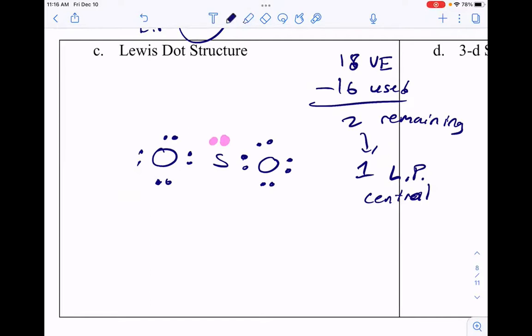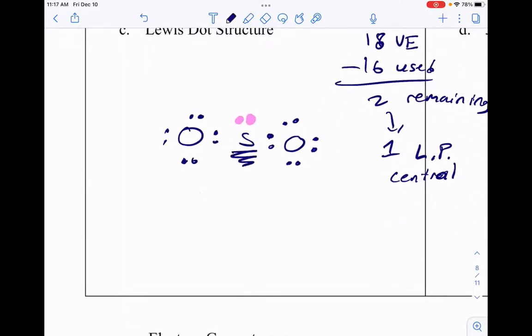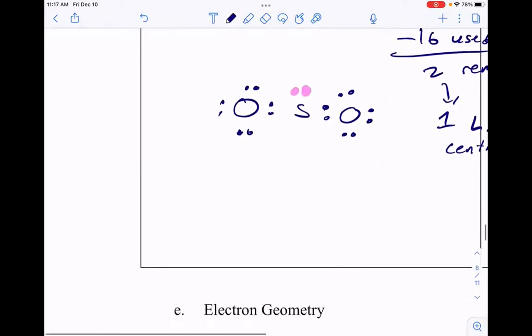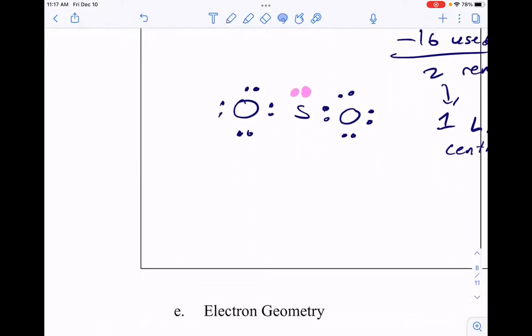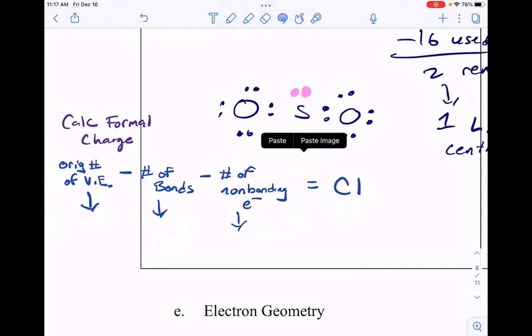Anyways, so if you guys are looking at the central atom, it's sulfur. Sulfur is not part of the exceptions, and so what do I need to do? Calculate the formal charge. Mm-hmm. And so I'm going to go ahead and paste the formula for formal charges. And this time I'm solving it specifically for sulfur.